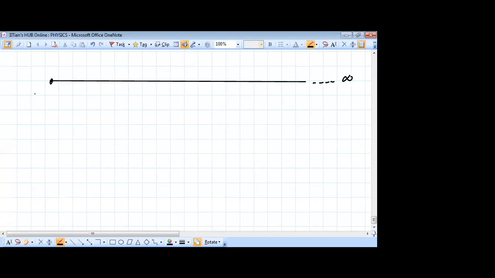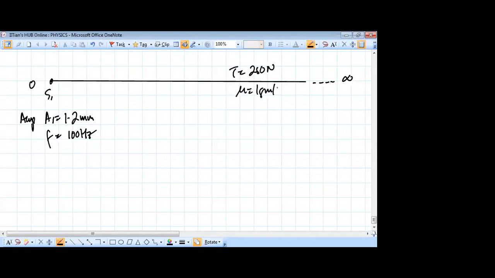Suppose only at the origin I have the source S1, which is oscillating with an amplitude A1 equal to 1.2 millimeters, frequency equal to 100 hertz, and the string has tension 250 newtons and linear mass density 1 gram per centimeter. So suppose the equation of the SHM for source S1 is A1 sine omega t, because suppose I switched it on at this moment. This is the equation for this SHM.